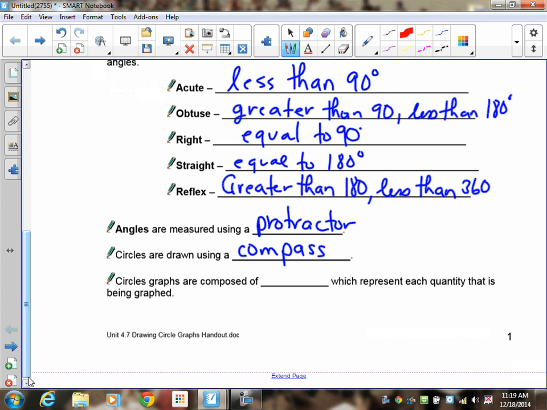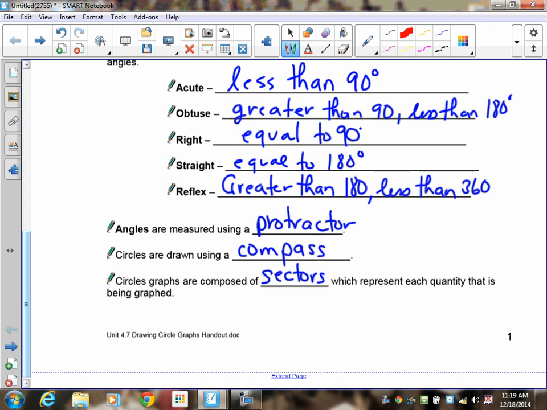And when we draw circle graphs, they're composed of sectors. A sector is basically what some people refer to as a pie piece, because circle graphs sometimes are called pie graphs.